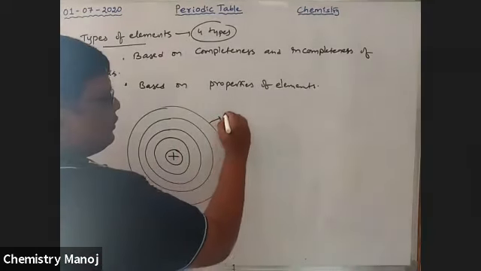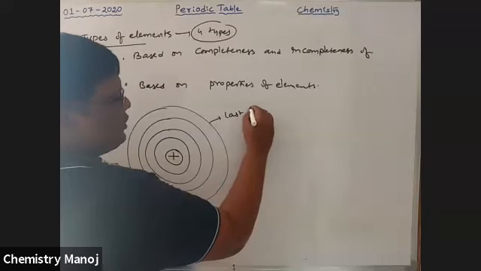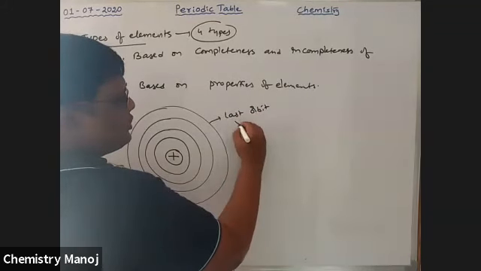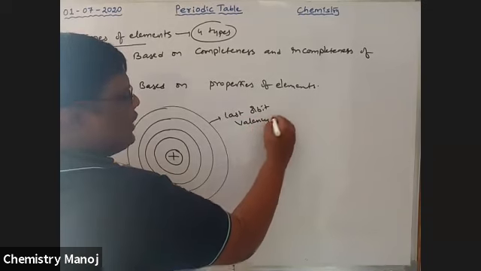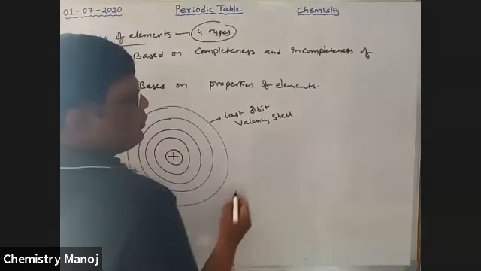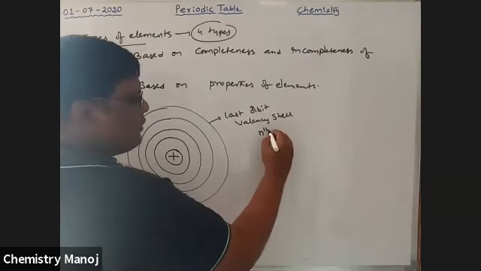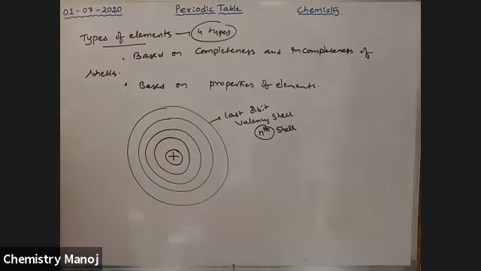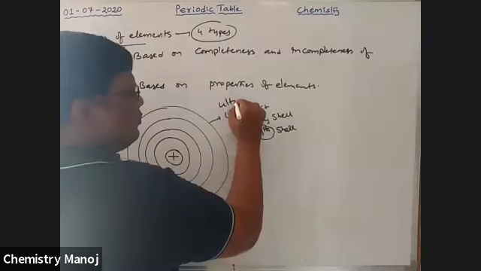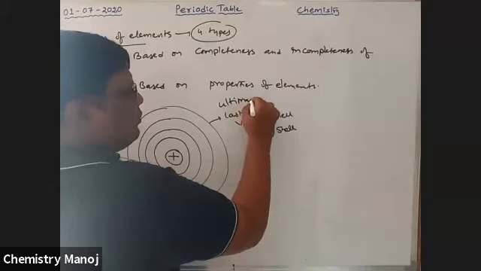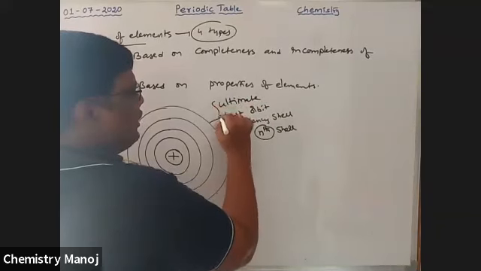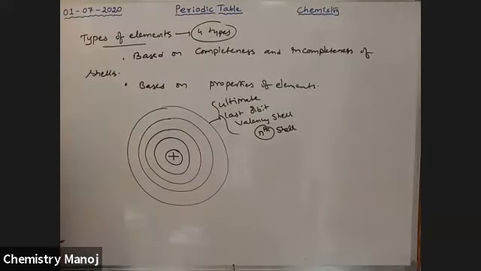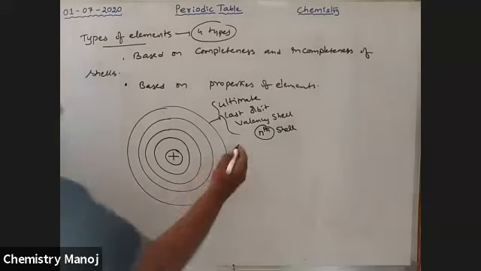This is the last orbit, which is also called the valency shell. In particular, it is called the nth shell, valency shell, or the ultimate shell.